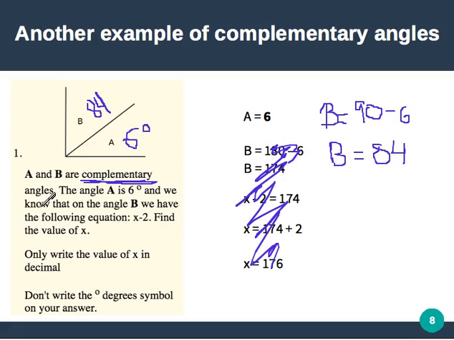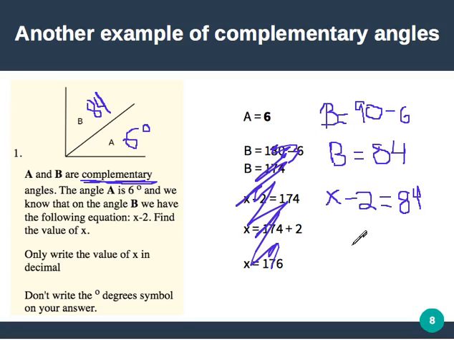Then it says that we know that the angle B is also x minus 2. So x minus 2 is the same as B. And we know from the previous step that B is going to be 84, so I can write that right here, 84. Then we have this negative 2. I don't want that negative 2 there.